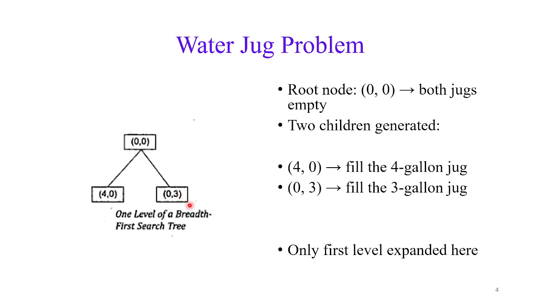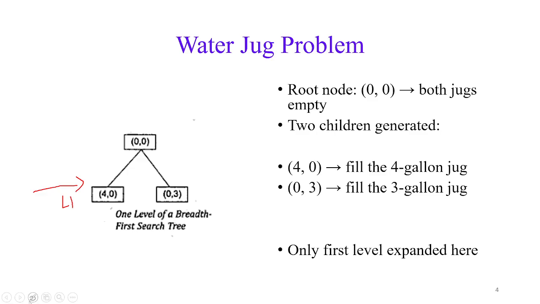The other possibility is filling the 3-gallon jug, with the 4-gallon jug empty. So this is level 1. At level 1, we have two nodes, 4, 0 and 0, 3. This is the first layer of our BFS tree.